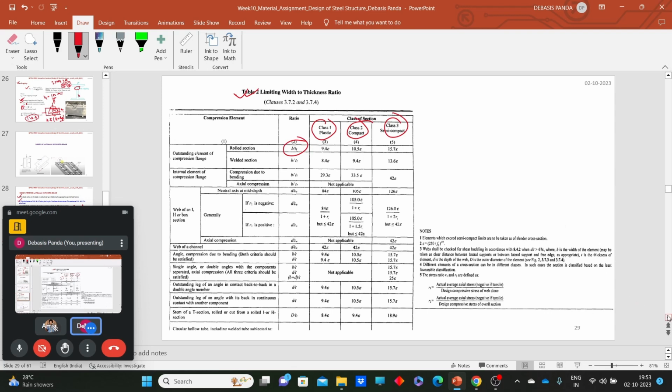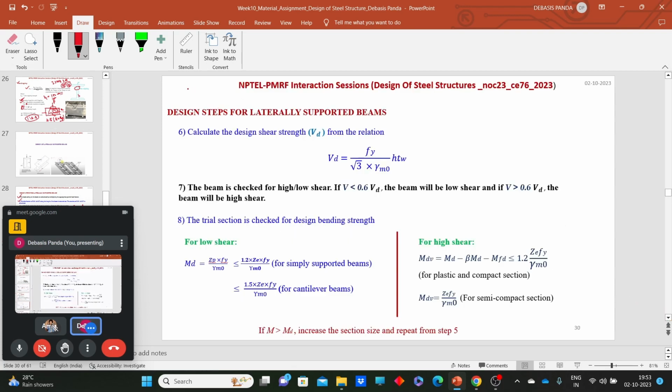Now in the sixth step, we need to calculate the design shear strength. How can we calculate it? VD equals Fy by root 3 gamma m naught into AV, and for a rolled I section, AV is nothing but H into TW.